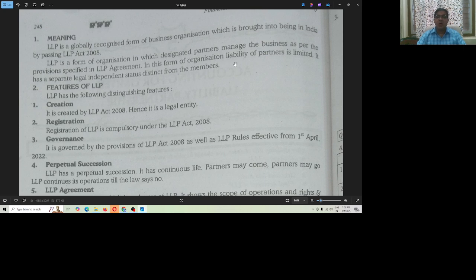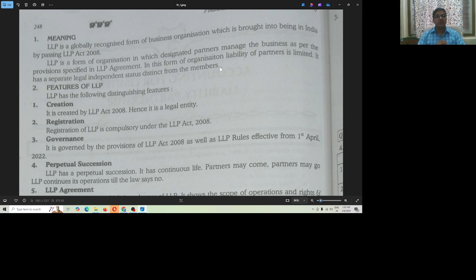In this form of organization, the liability of the partners is limited. It has a separate legal independent status distinct from the members. It means the limited liability partnership firm and the partners both are different because they have a separate independent status.